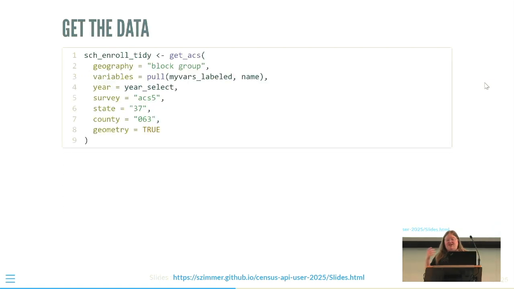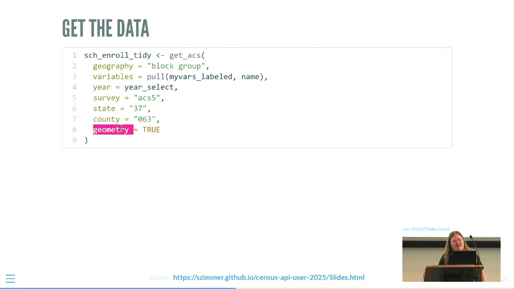So then, okay, we found the variables we want, and then it's just this little get_acs function to get where we're going. You tell it which geography level you want, the variables that you want, which are on that table that I saved earlier, and what year. I happen to know that the county of Durham is 063 because I live here and I memorize strange things.